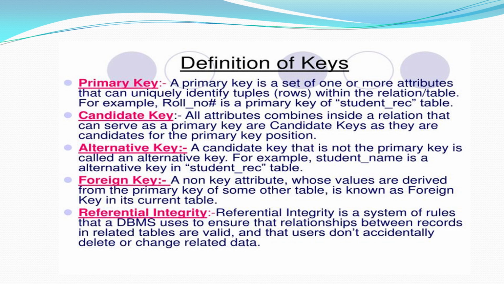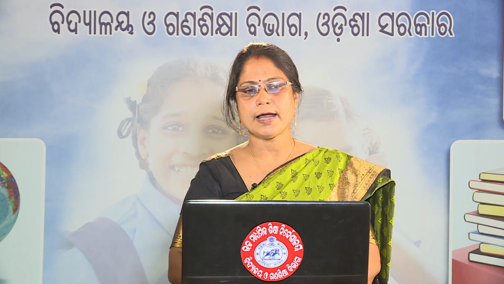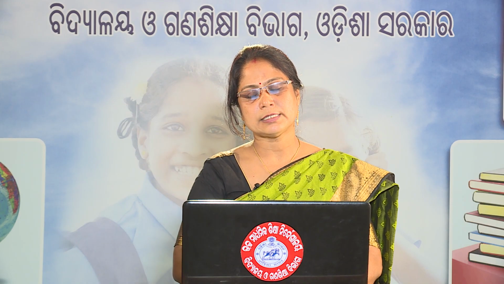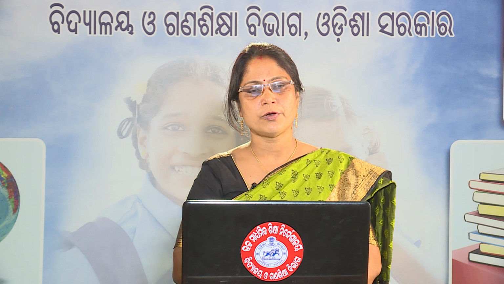Here again I will remind that in a table maybe more than one column will be able to identify each individual record uniquely. Here we can say roll number can identify each individual student uniquely, while registration number also can identify each individual student uniquely.